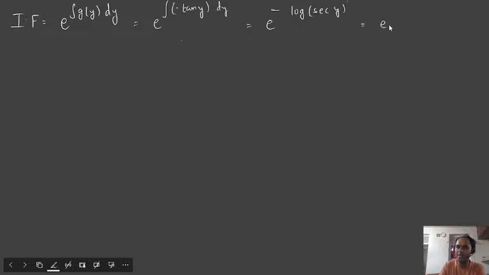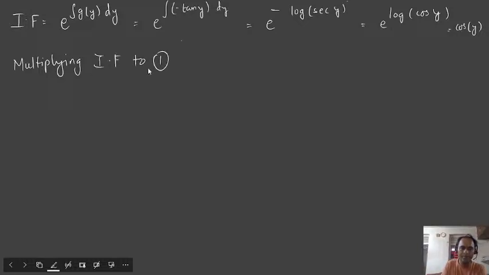So it becomes e to the power log of cos y, and this is cos y. So you have got cos y as the integrating factor, and we multiply it to the given differential equation 1.